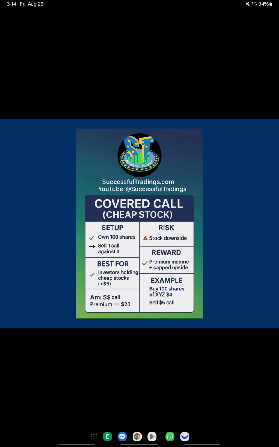If you have $500 as a beginner trader, you can find a cheap stock under $5 that you can buy 100 shares of. 100 shares multiplied by $5 would be $500, and then you sell a covered call against it. This will bring in income, because when you sell that call, which is covered by your 100 shares, they will put that money into your account.